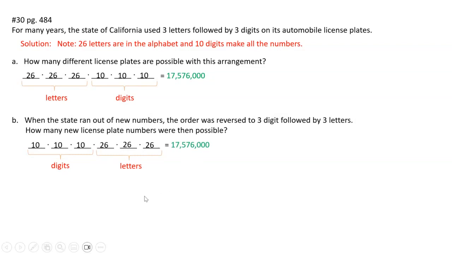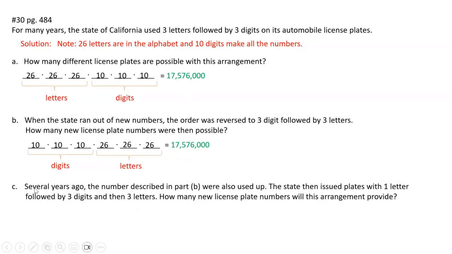Okay. Now part C. It says several years ago, the numbers described in part B were also used up. The state then issued plates with 1 letter followed by 3 digits and then 3 more letters. How many new license plate numbers will this arrangement provide? Right, so they added 1 letter at the beginning.